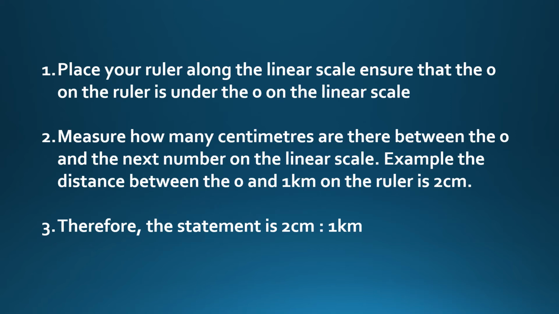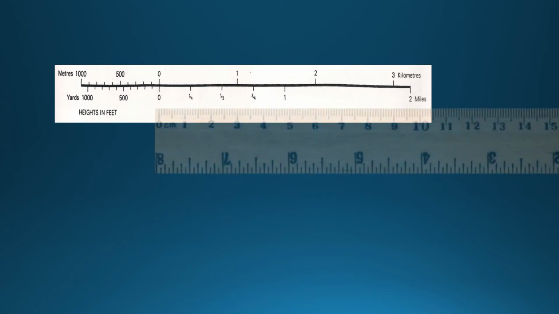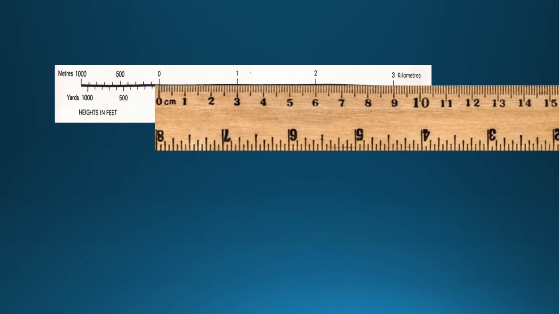But let us see what we're talking about here. So now here we have our linear scale, and our linear scale, as you can see, has both kilometers and miles, but we're working with kilometers. So first thing we're going to do is to place our ruler along our linear scale, just like that, ensuring that the 0 on the ruler is also under the 0 on the linear scale.